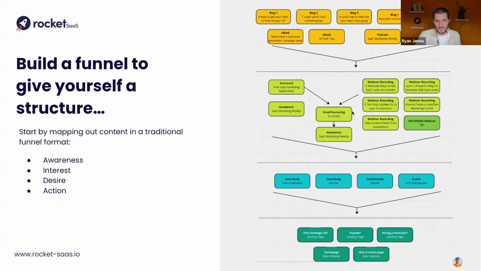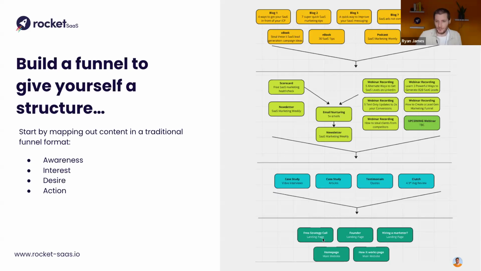So this is one of the Rocket SaaS funnels. We've got blogs here at the top, teaching our audience how to solve a common problem of how to get more SaaS leads. We've got ebooks, the podcast, videos. Then we move on to the interest layer, which is our webinar recordings or this new webinar you're watching now. We've got scorecards, quizzes, newsletters, and then you get into the desire section, which is case study videos, articles, quotes, review websites.